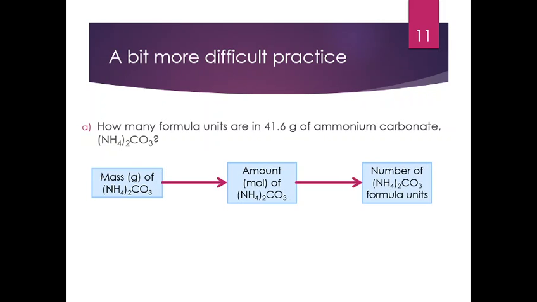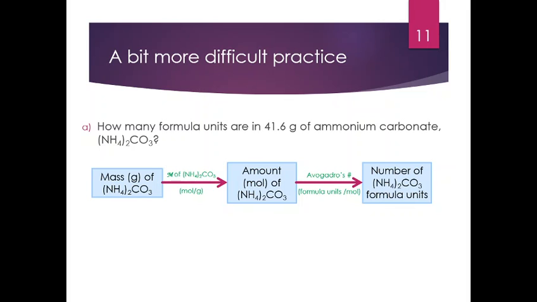Starting off with our mass, we know we can convert our mass to moles using the molar mass of our (NH4)2CO3. And using the concept that this whole entire video is over, Avogadro's number, we know we can go from moles of this (NH4)2CO3 to the number of these formula units.